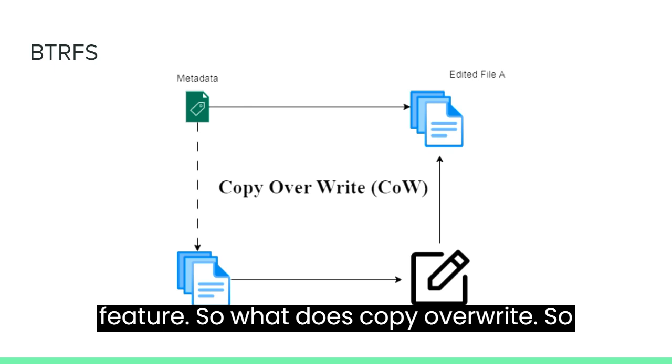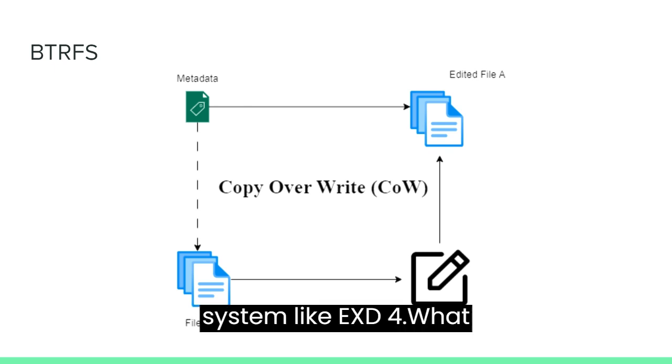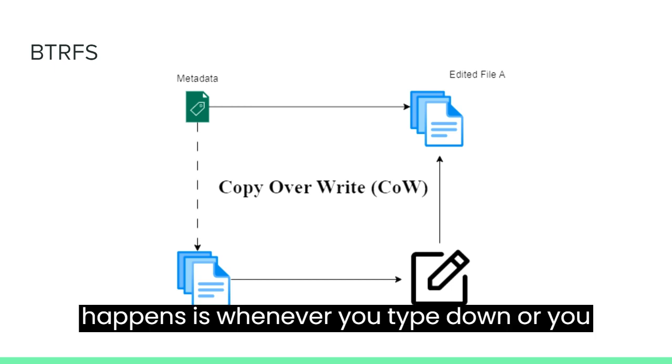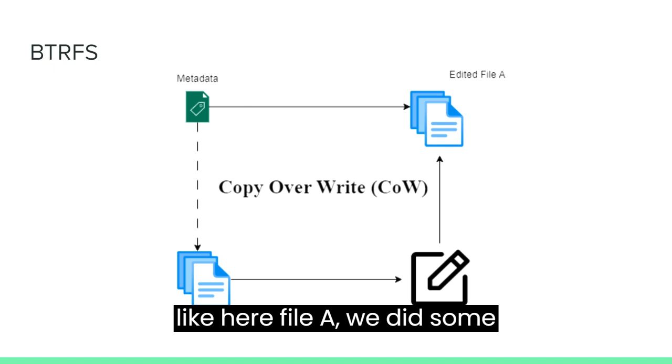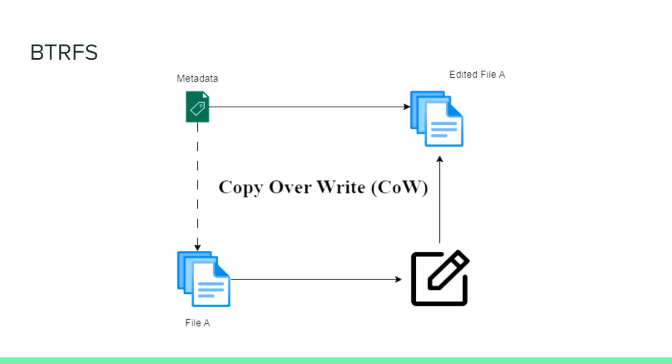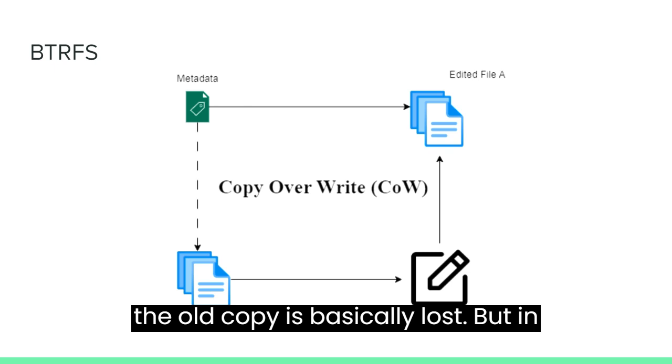So what is copy-on-write? Generally, when we talk about a file system like ext4, whenever you make some changes in a file, like here file A, that will be overwritten. So the old copy is basically lost.